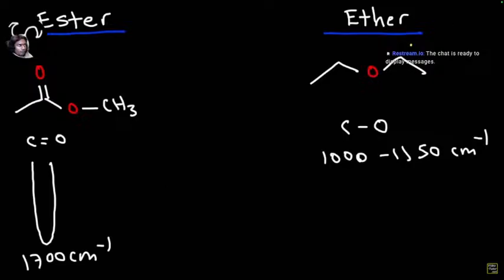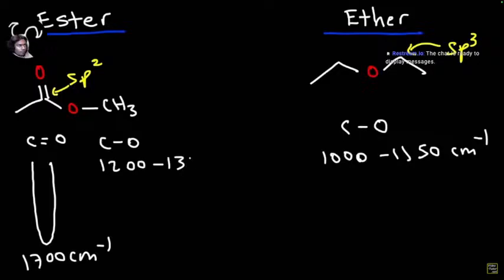For now, you want to take into account the type of carbon that is attached to the oxygen. This is an sp3 carbon. Here, we have an sp2 carbon. So therefore, the CO stretch is going to be different. It's going to be higher, between 1200 and 1300.